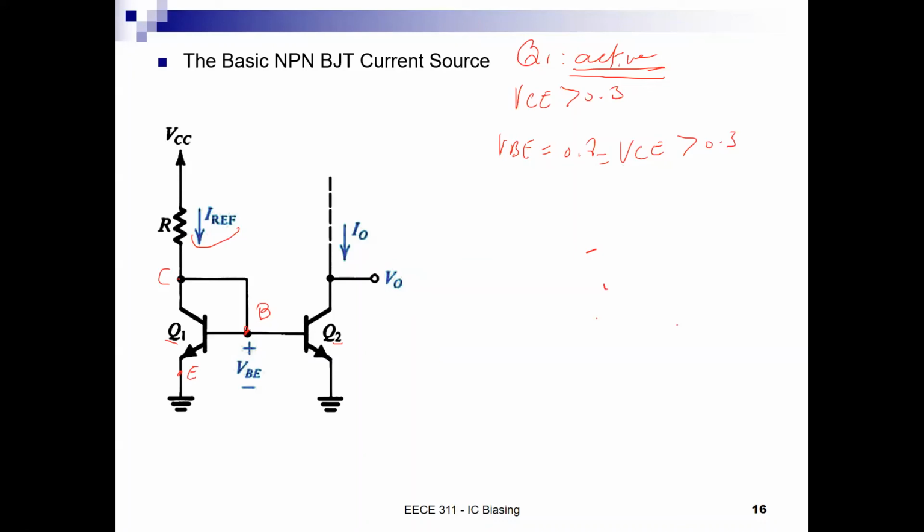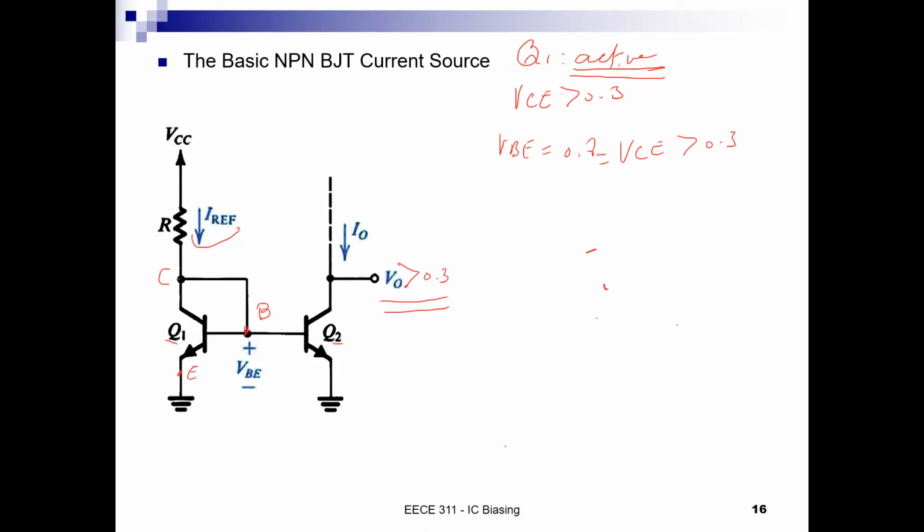Because it is in the active region, the diode equation holds and the current satisfies the property of amplification. Now for transistor Q2, it will be in the active region on a simple condition that VO is greater than 0.3. This is very basic, very simple.